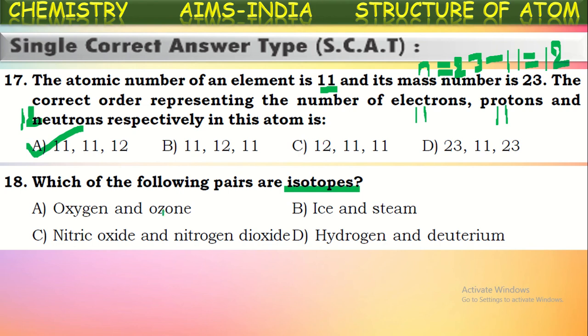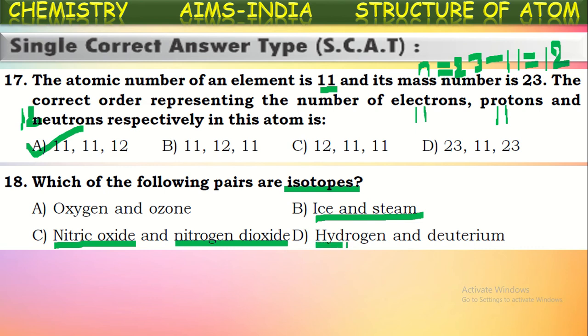These are called allotropes, which means substances of the same element with different properties. And ice and steam both represent the same compound but in different physical states. Nitric oxide and nitrogen dioxide. These two are the oxides of the same element nitrogen but not isotopes.